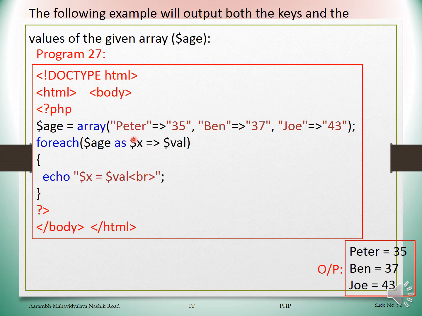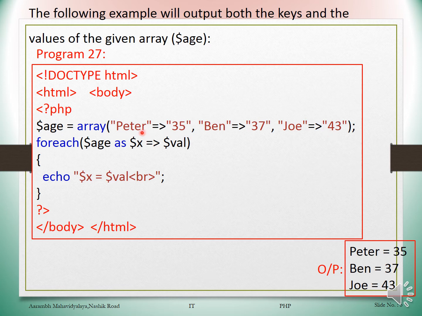First Peter's age, second Ben's age, and third Joe's age. Now we have to display these ages as they are. Therefore we have to include the string data, that is Peter and 35, in double quotes. Similarly Ben and 37 in double quotes, Joe and 43 in double quotes.